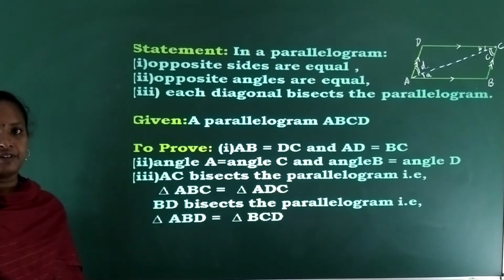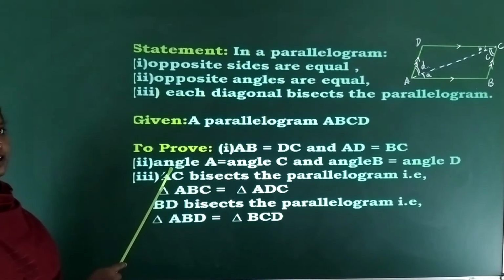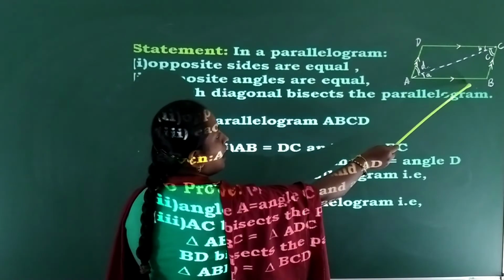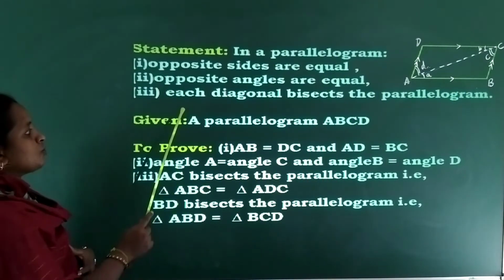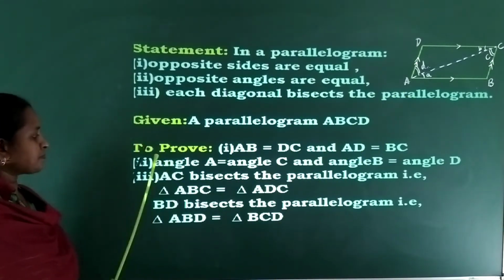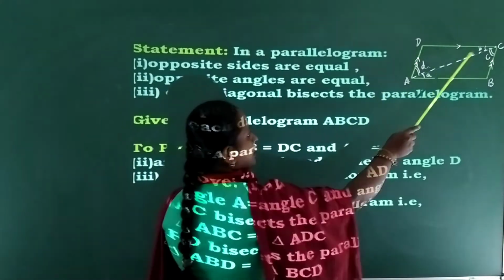Same that one I have written. Now, opposite angles are equal. See our second one: angle A is equal to angle C, angle B is equal to angle D. Next one, each diagonal bisects the parallelogram. Third one, AC bisects, this is the AC.